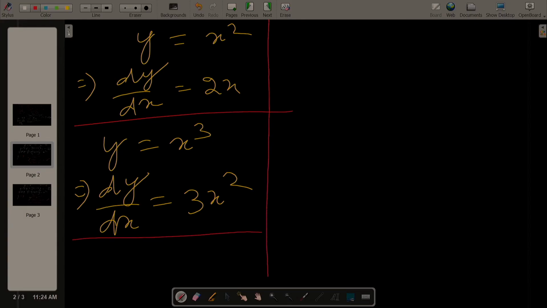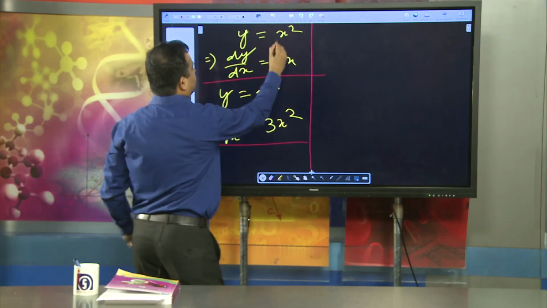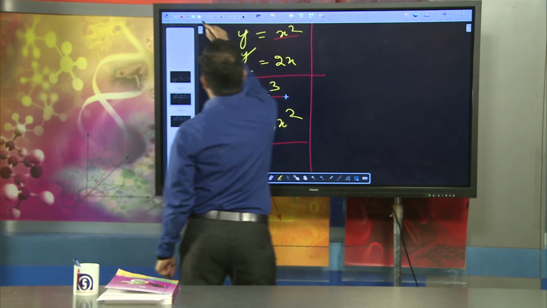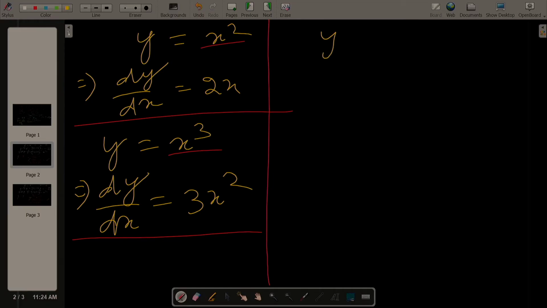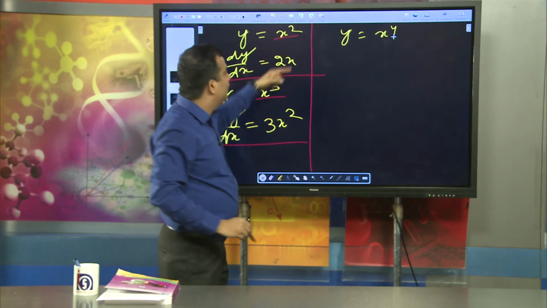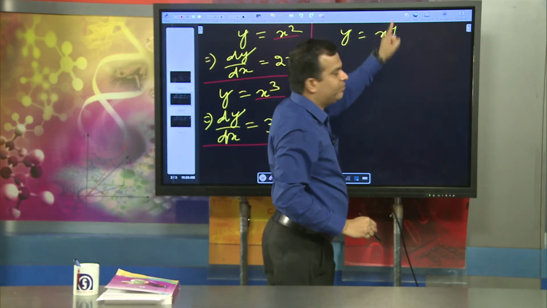I first took x square, then x cube. Suppose I would like to take y equal to x fourth. First we took x square, that is power 2, then x raised to the power 3, now we have taken x raised to the power 4.